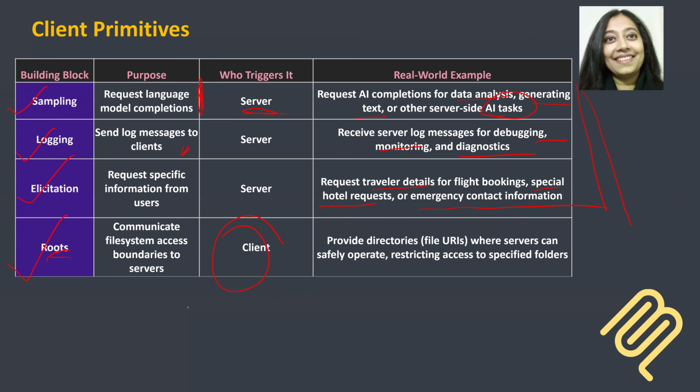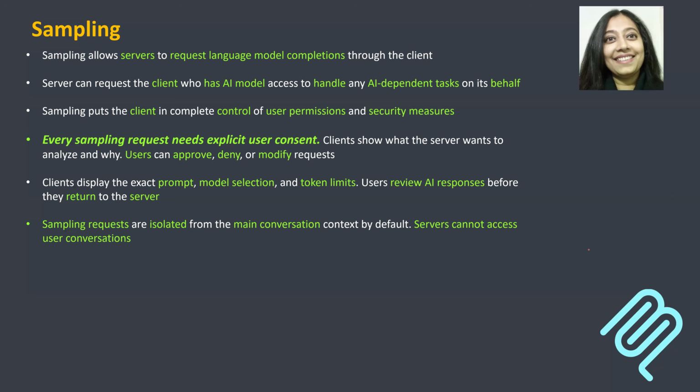So this is how clients basically provide a file system boundary to the servers and essentially provide restricted access to specified folders. So that is what roots is. Now let us look at each of these primitives in further detail.